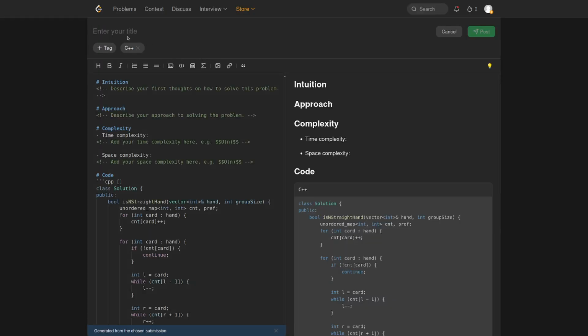So I don't know how to call this. Linear, or like continuous.